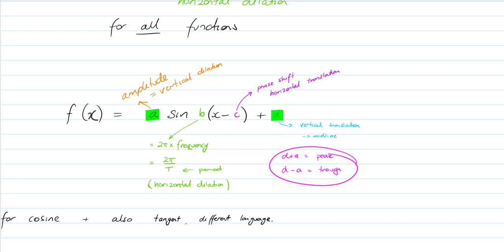And then, of course, we've got a horizontal dilation, b, which turns out to be the period, or related directly to the period. And then we've got c, which is the phase shift, and the phase shift is the horizontal translation. Those 4 things that you've learned in your trig unit in methods, they relate directly to what you've learned in your general function stuff. So it's important you've got that because we're now going to apply it to a set of new trig functions.